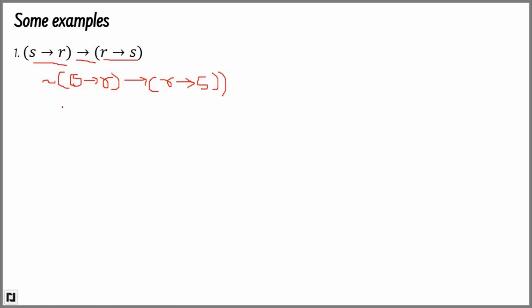After taking negation, we have to reduce our answer into conjunctive normal form. So we use our previous rule and reduce S implies R into negation of S or R.